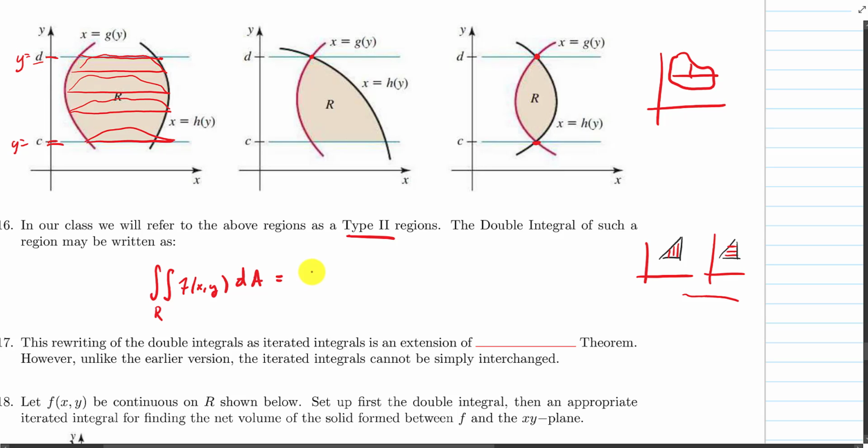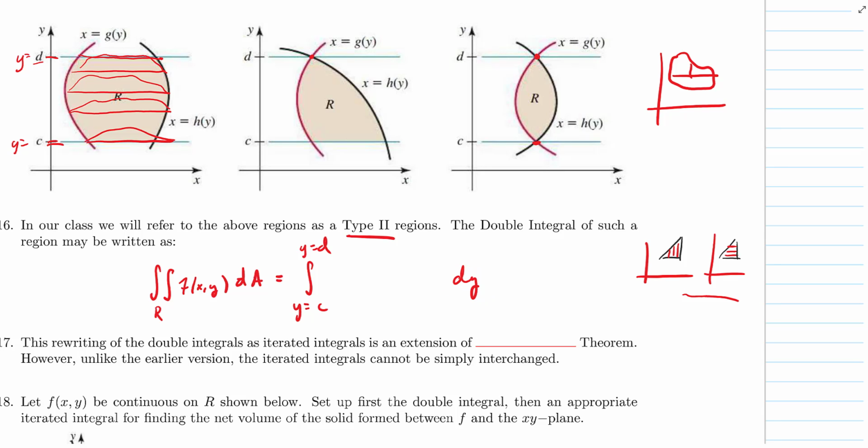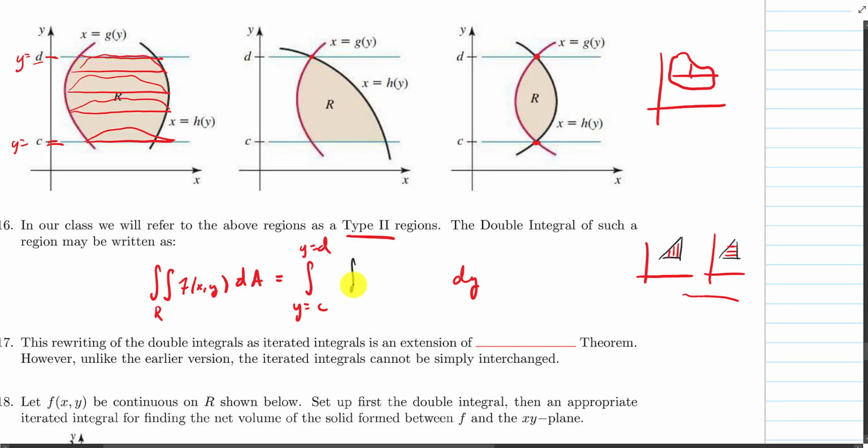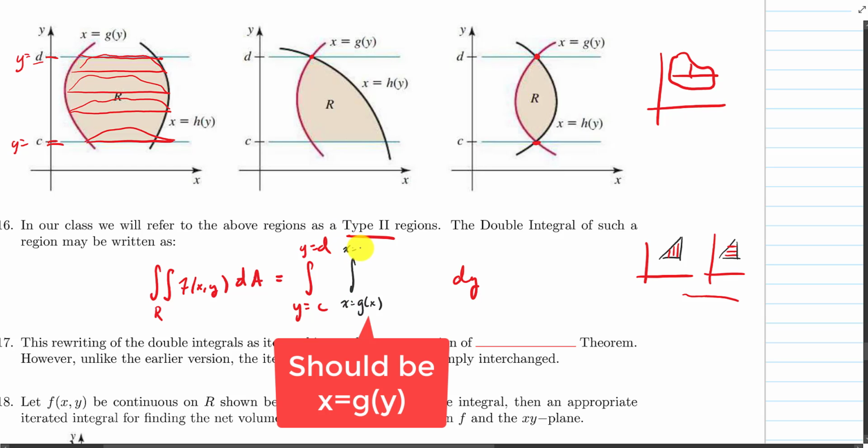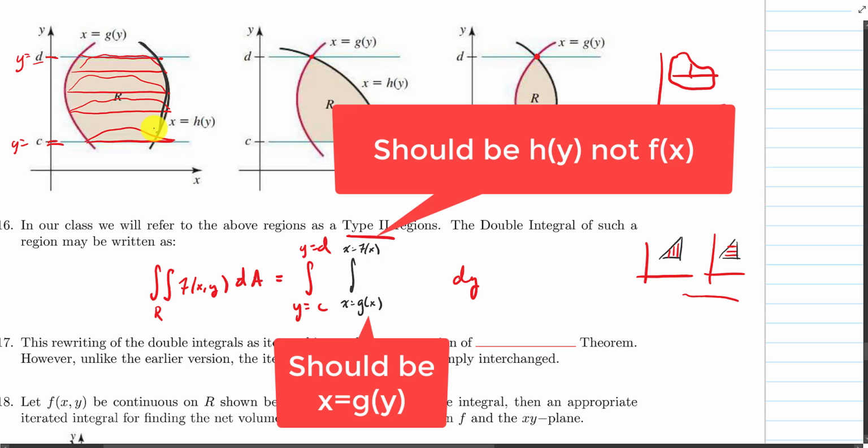So we want the outer integral to be from y equals c to y equals d, so the outer integral is integrated with respect to y. The inner integral is going to be from x equals the lower curve, which is given by these images, g of y, up to x equals the upper curve, which is given by h of y.